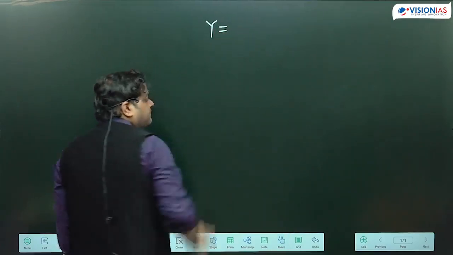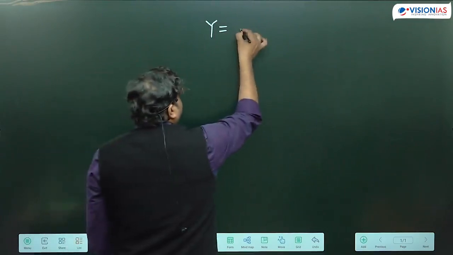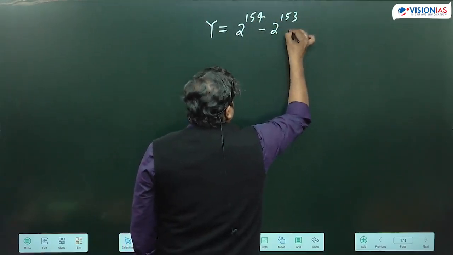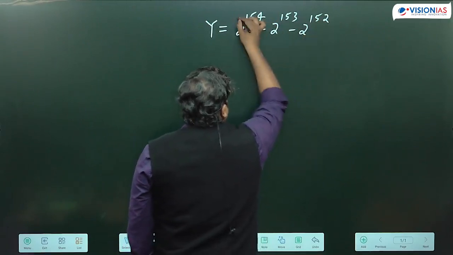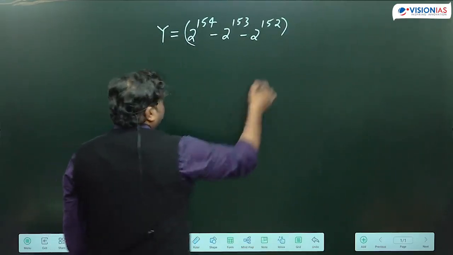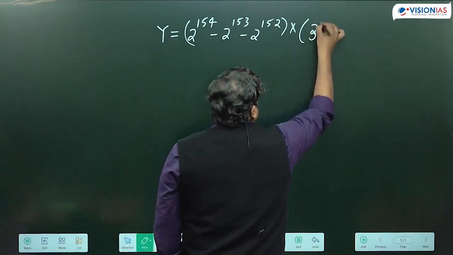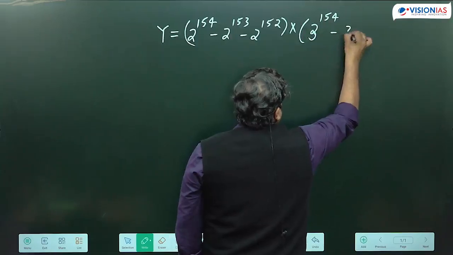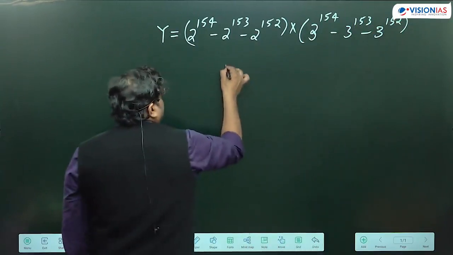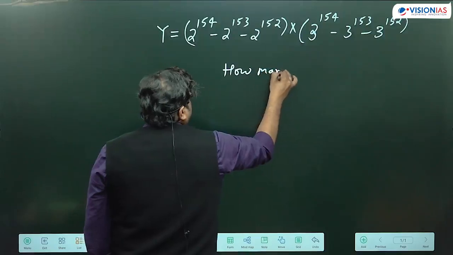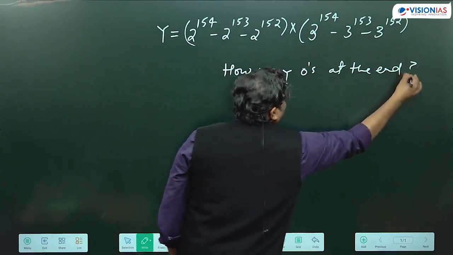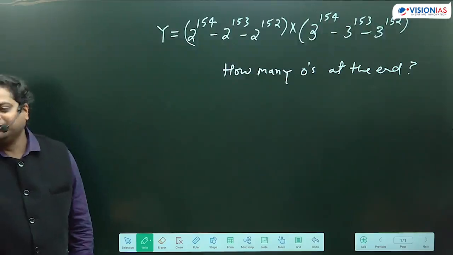If another question is this way, y is equal to 2 power 154 minus 153 minus 152 multiplied by 3 power 154 minus 153 minus 152. How many zeros are there at the end? Right? Same answer we are going to get.